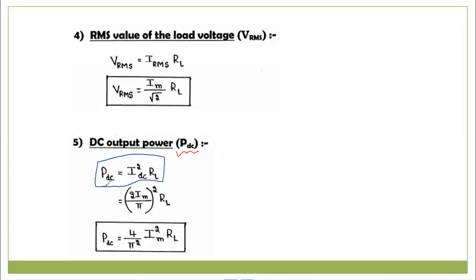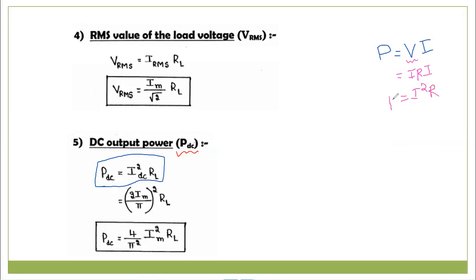We know that power is equal to V into I. If I want to replace V, it is nothing but I into R. Then we get I into R times the other I, so I into I becomes I square. That's why we have another mathematical formula for power: I square into R.